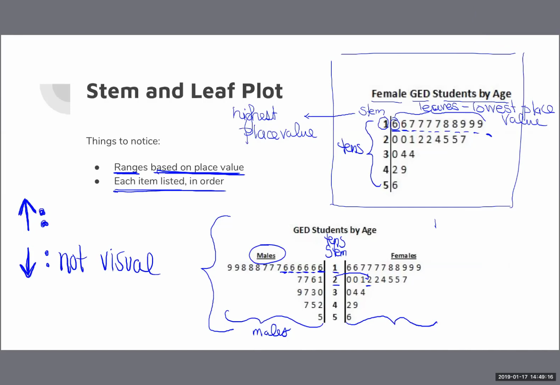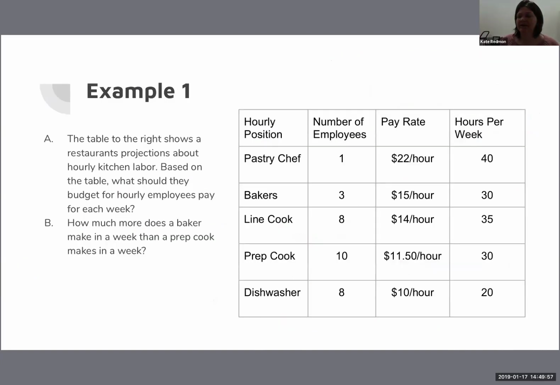No, it just looked messy for me. Yeah, you don't like it either? Well, here's the benefit. I can see the actual individual scores. With the other ones, I just knew we were in a range. I knew it was between 16 and 19, but I didn't know what the exact scores were. Here, I can see how many students are in the teens, a whole lot of students, but I can also see exactly what their scores are. There's a 16-year-old, another 16-year-old, a 17-year-old. Okay, don't panic.